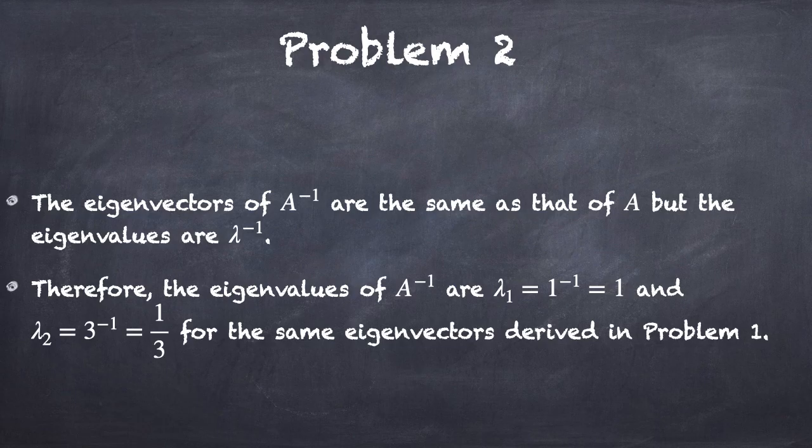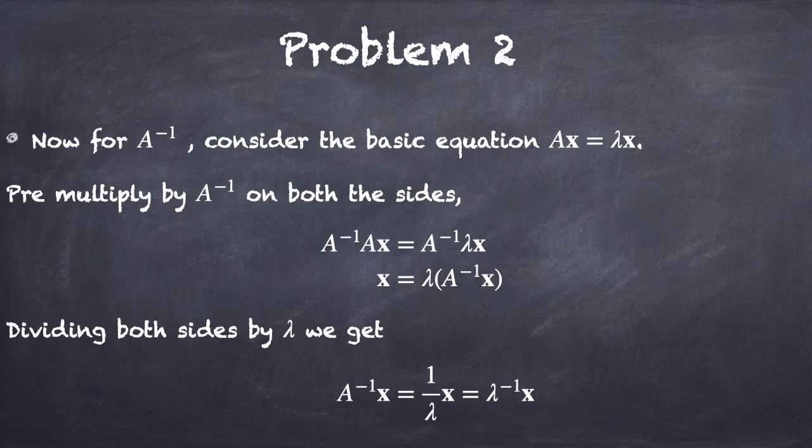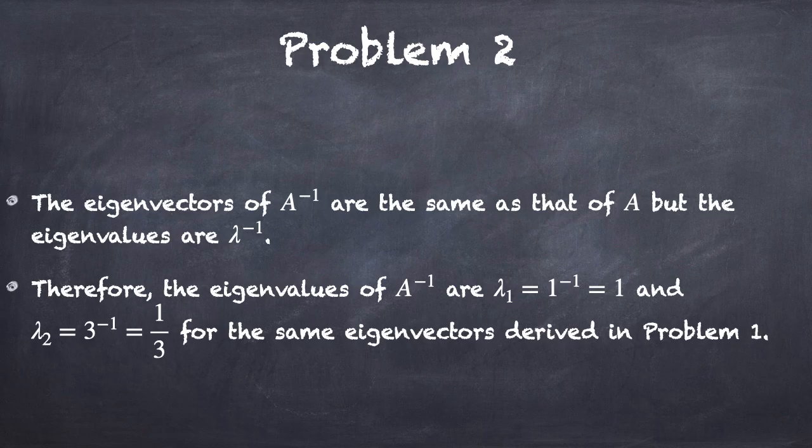And once again, the eigenvectors for A inverse remain the same because x did not change. Based on the previous question, we had the eigenvalues 1 and 3. Now we reciprocate those two eigenvalues and we get 1 and 1 over 3, and we get the same eigenvectors derived in problem 1.